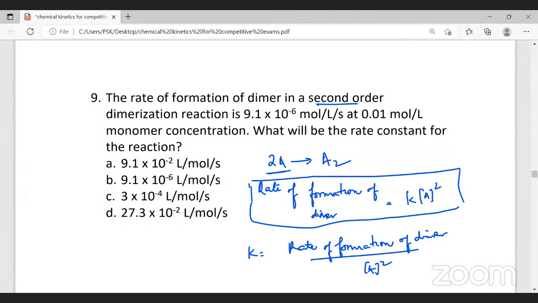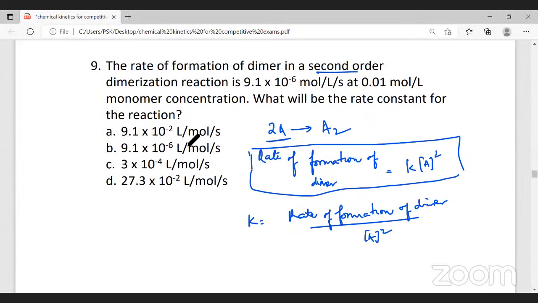The rate of formation of a dimer in a second order dimerization they have given as 9.1 into 10 to the power minus 6 mole per liter per second. And the concentration they have given is 0.01 mole per liter, the whole square.